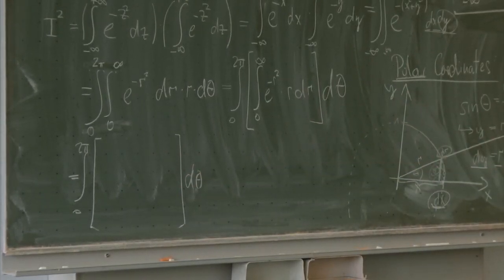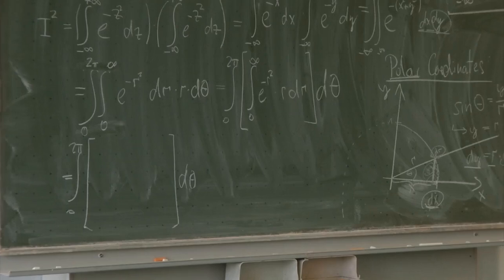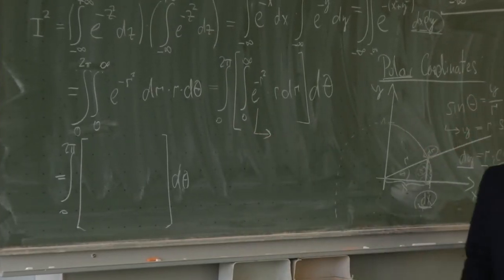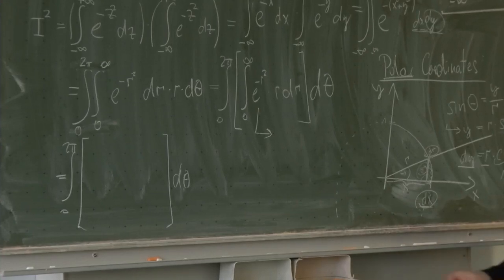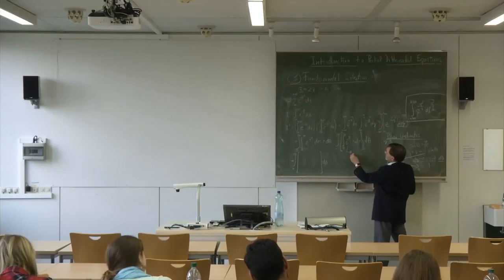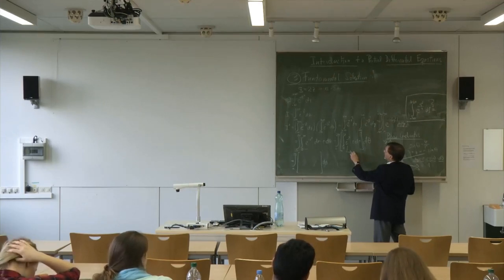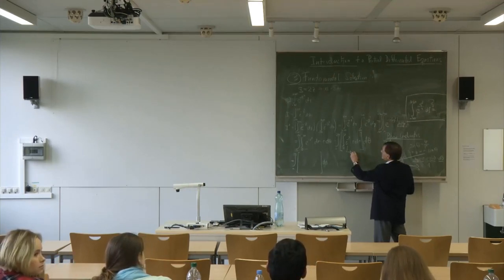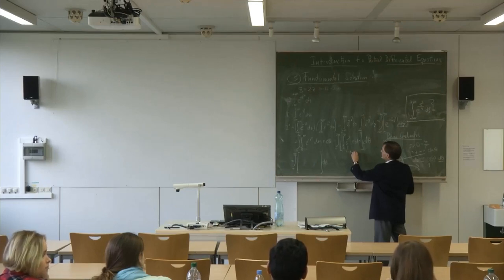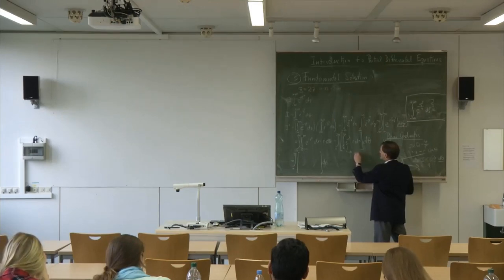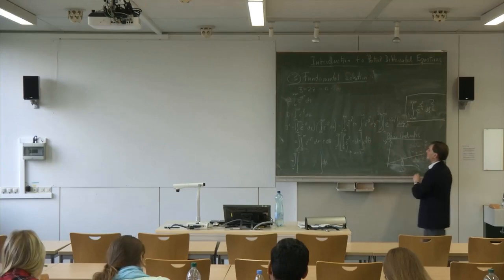Okay, take a look at the inside integral. To do this integral, we need a variable transformation again. Here the variable transformation I suggest is the following. Well, let's think about it. Why not assume that u is equal to 2r?